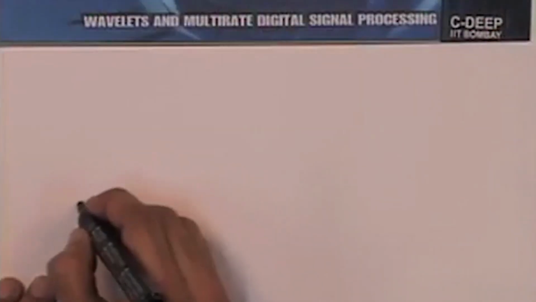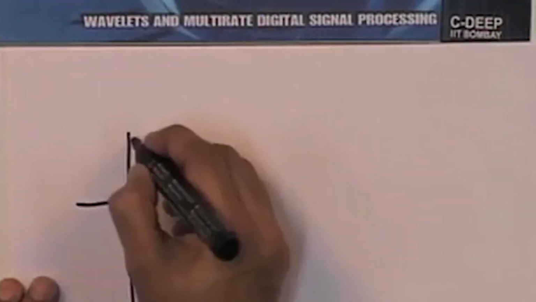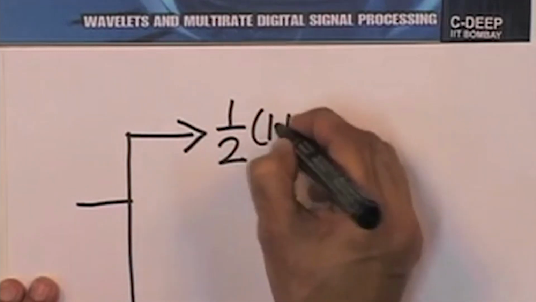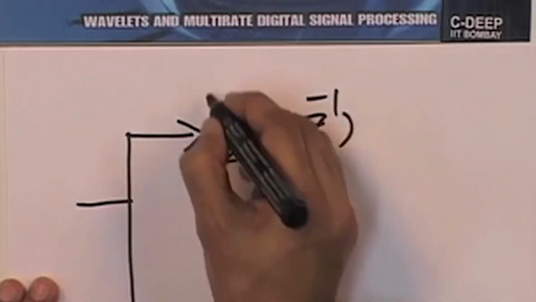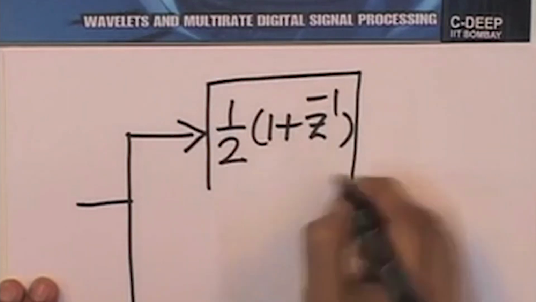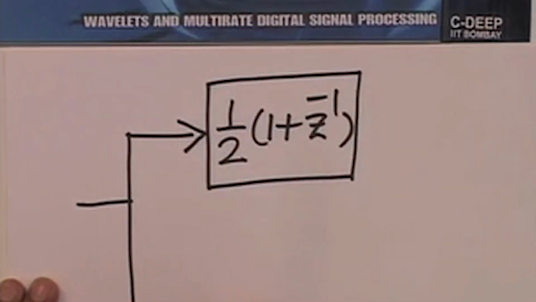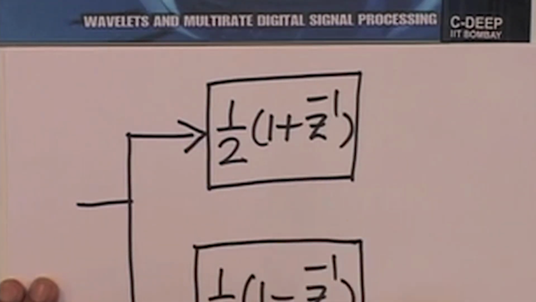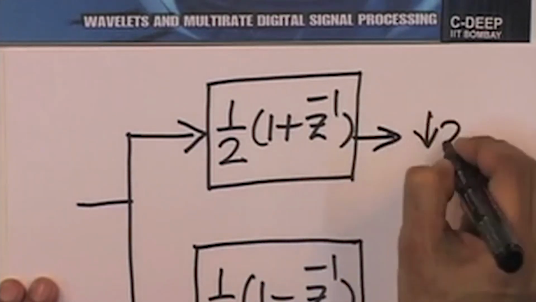So, all in all, we have a pair of filters followed by a pair of decimators, and the structure looks like this. Half into 1 plus z inverse here, half into 1 minus z inverse there, and a decimator.